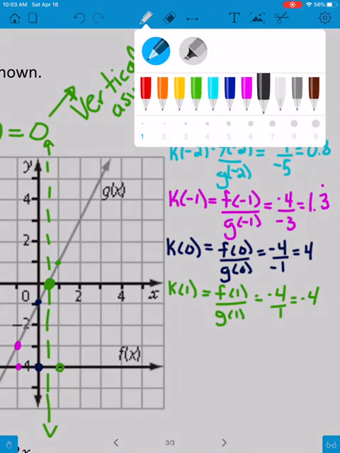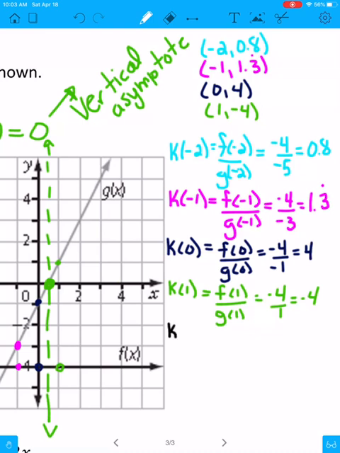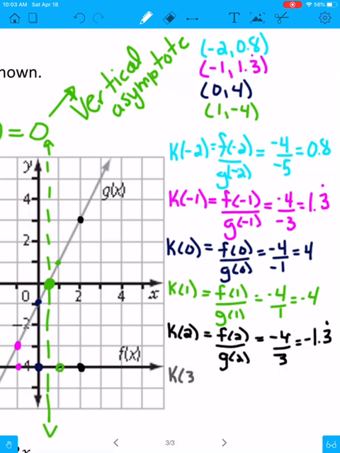Then I can do k of 2, which is f of 2 divided by g of 2. F of 2 is negative 4. G of 2 is 3. So now I have negative 1.3 repeating. And then I could do 3 still. K of 3 equals f of 3.